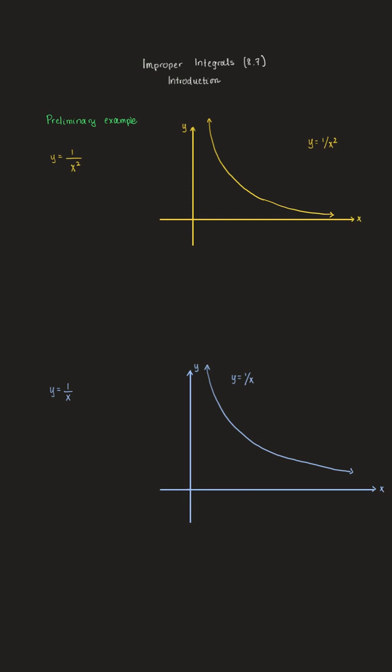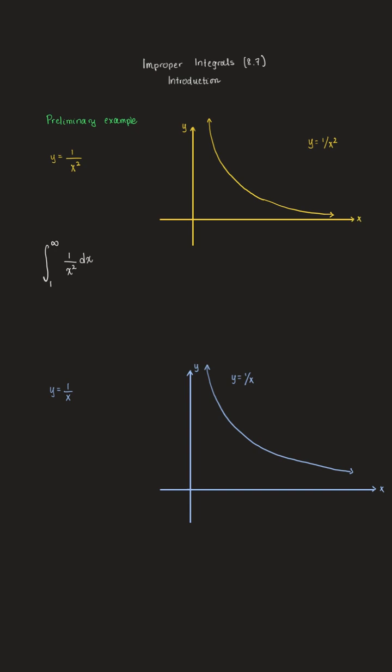So we're specifically interested in the integral from 1 to infinity of this function 1 over x squared dx. Notice that we haven't seen this before, where we have an infinite domain. The upper limit of integration here is infinity, and infinity is not a number, it's just an idea, a concept.